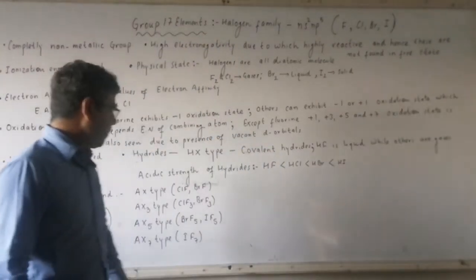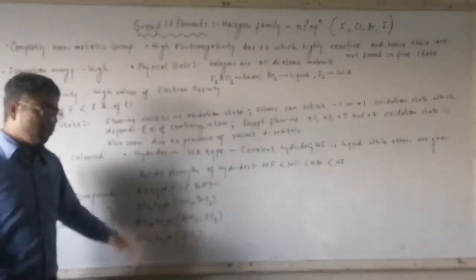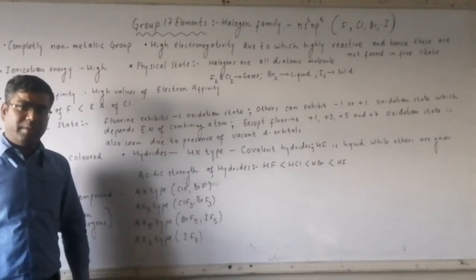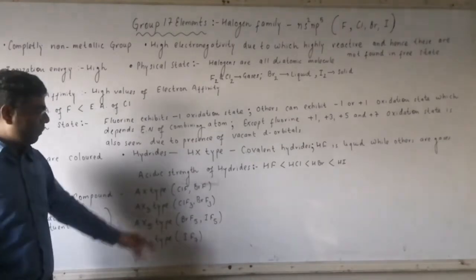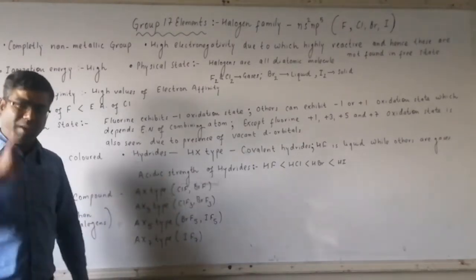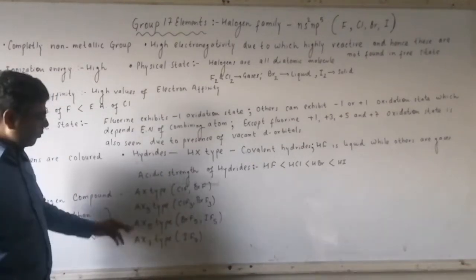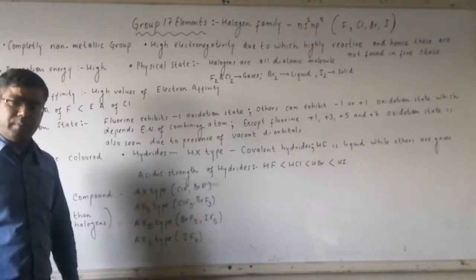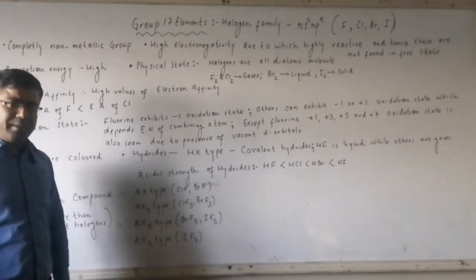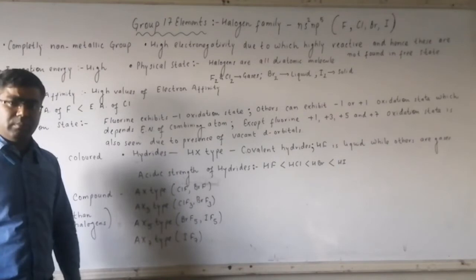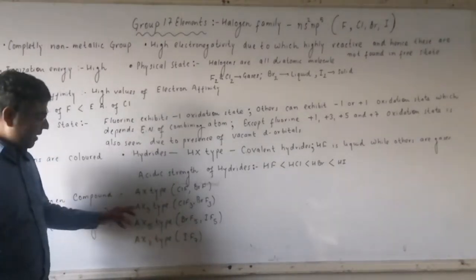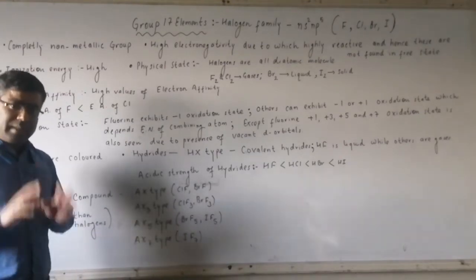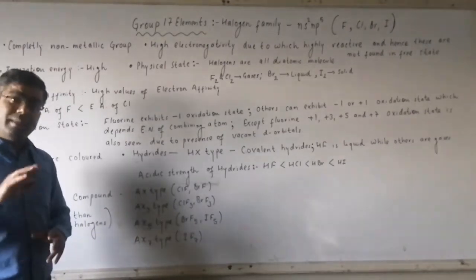Now, the types. If one electron is shared between the halogens, we will get the AX type of interhalogen compound. Example, ClF, BrF. One electron is shared. Then we have the AX3 type. A is your central atom, X is your surrounding atom. Remember one thing, the central atom must have less electronegativity than the surrounding atom.